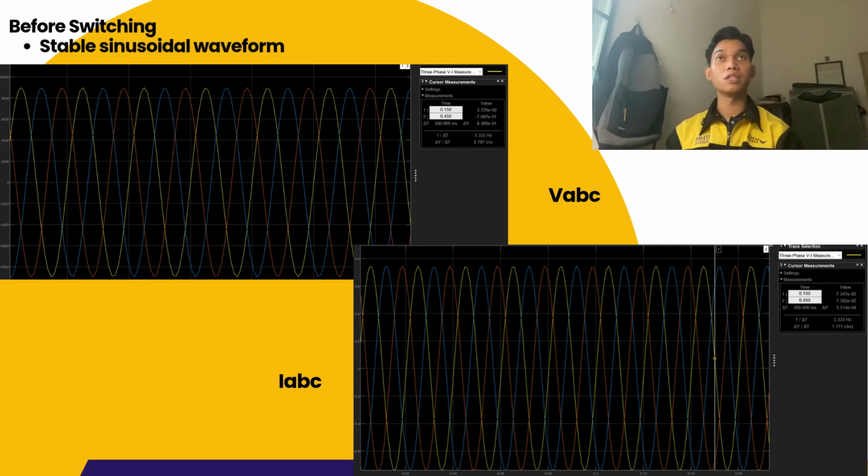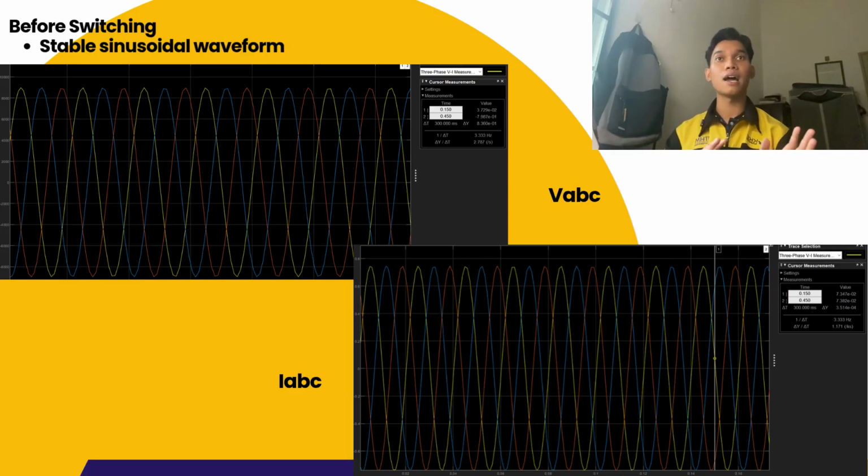We move to the first condition, the pre-PQ condition, steady state. For the circuit diagram, the system initially operates under the normal steady state condition. It consists of a three-phase source, a three-phase RLC load, and a voltage current measurement block connected to the monitoring scopes. For the VABC waveform, the voltage waveform shows a balanced three-phase sinusoidal pattern with a constant amplitude and a phase displacement of 120 degrees between phases.